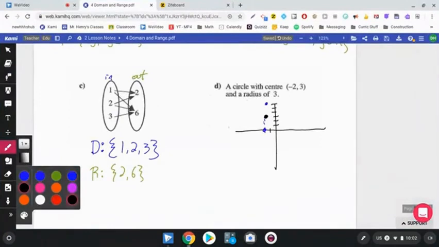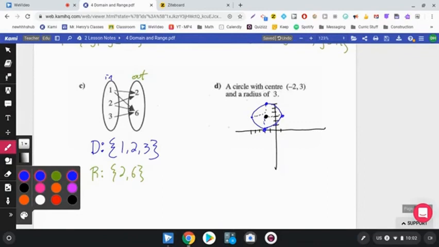To the left, I go 1, 2. I would just have to go 1 past the y-axis. And going backwards, I need to go 3 ticks to the left. So my circle, really poorly drawn circle, but that's okay, would kind of connect with all 4 of those points.